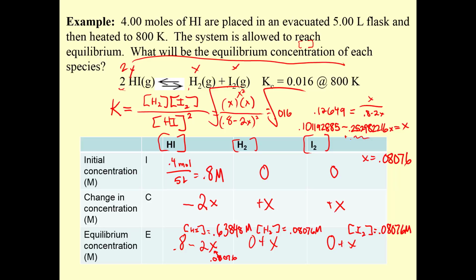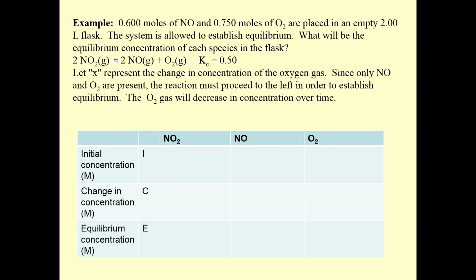The hydrogen iodide concentration is 0.63848 molar. Okay, so now I know what will be the equilibrium concentration of each species. I just did it. Okay.